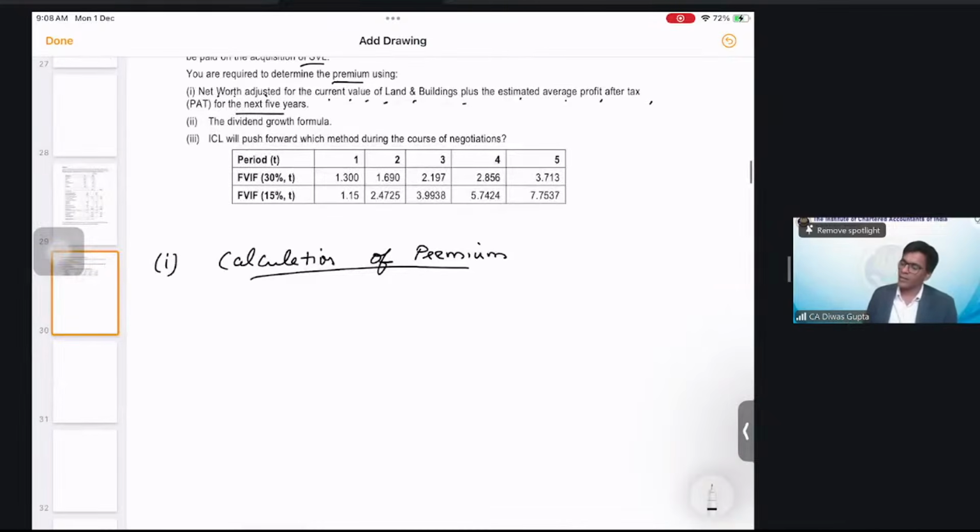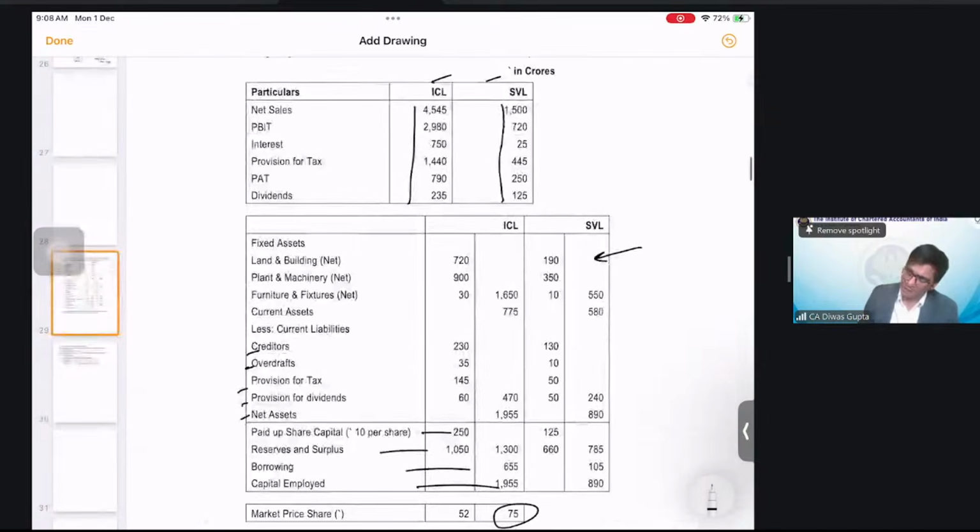Okay. So computation of premium in terms of rupees crore. So the total assets are how much? 550.